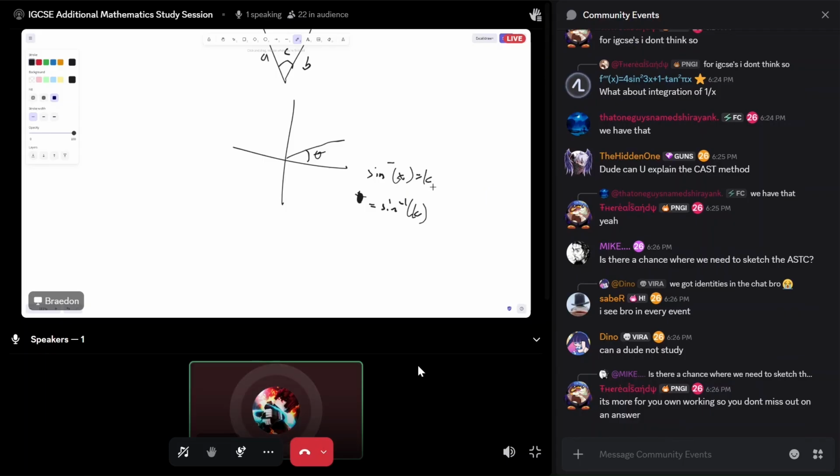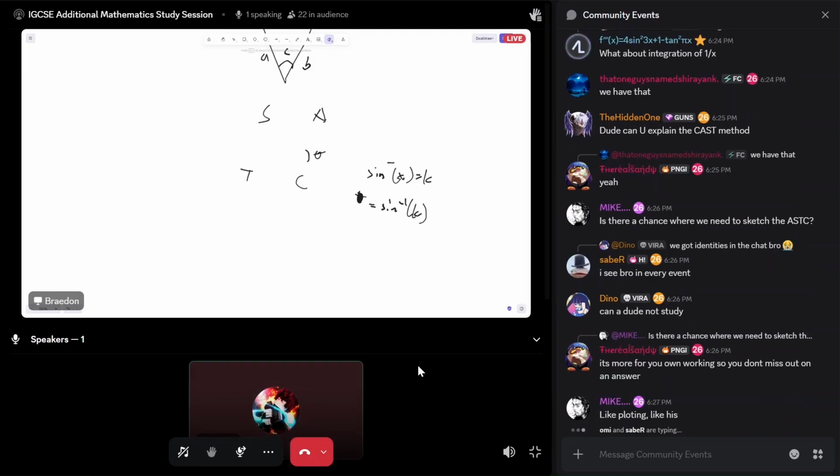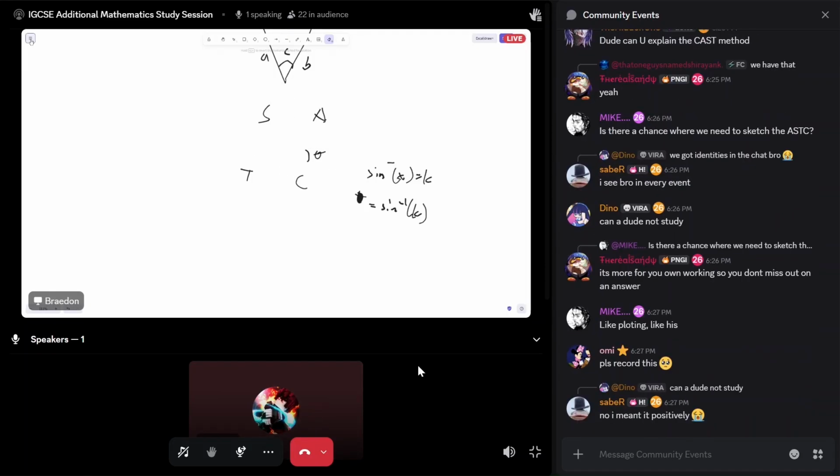And you can see k is positive, right? So we think A, S, T, C. What are the places where the quadrant is positive for sine? You may think, why can't I plot it here, or should I plot it here? One thing to note is you always plot your angle on the x-axis.